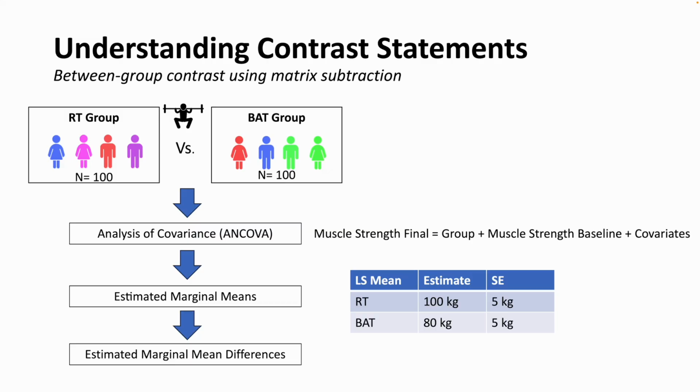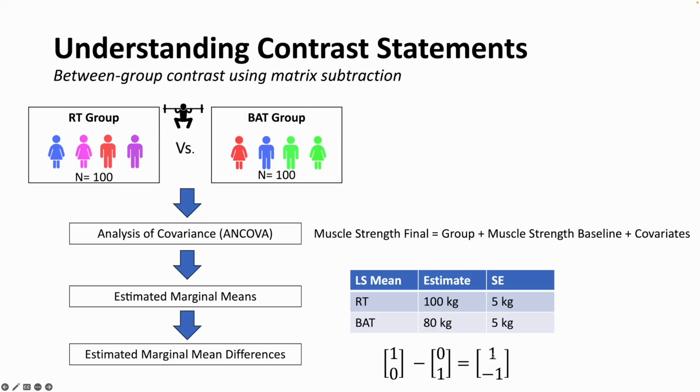So how does this work in terms of what we're actually trying to do? If we go back to that same idea of looking at the difference between groups in muscle strength, we're going to use this 2x2 matrix to develop a vector to look specifically at whether RT minus BAT differ in terms of their estimates. So that would be 1, 0. That means I'm looking at the estimate for RT, minus 0, 1, which would be the estimate for BAT. So it's 100 minus 80.